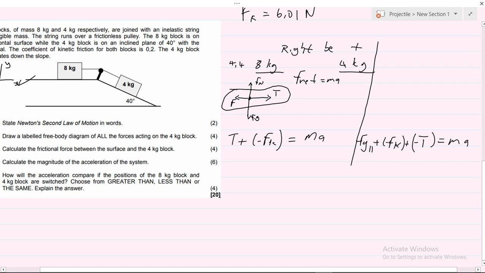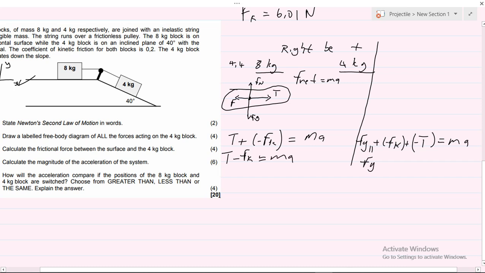Yes. So if we simplify these equations, I know you are used to doing these calculations, but I am going step by step so that you do not get lost. So T positive, and negative friction, equal to MA.